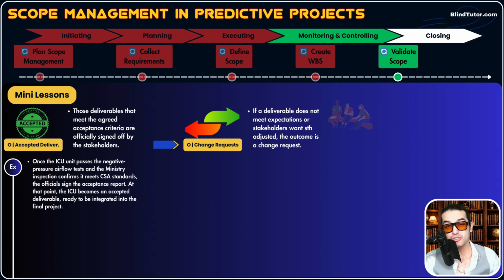By change request we mean it's a formal document submitted into the integrated change control process. Guys, we said in adaptive projects, agile projects, changes are welcome. We hug changes, all good. But in predictive, it needs to go through formal change processes, and that process is called integrated change control process.